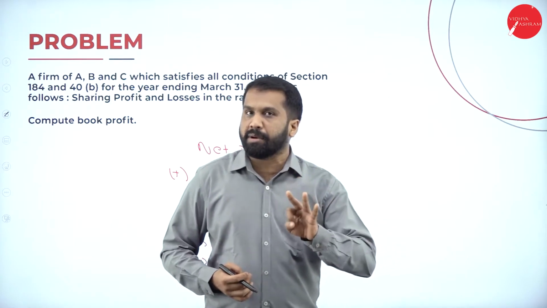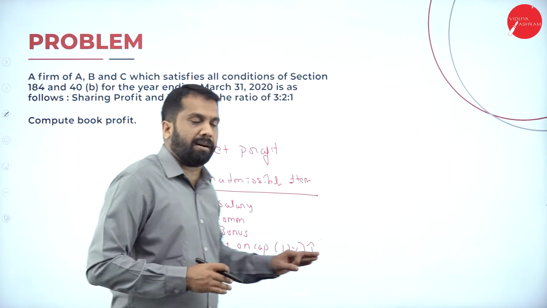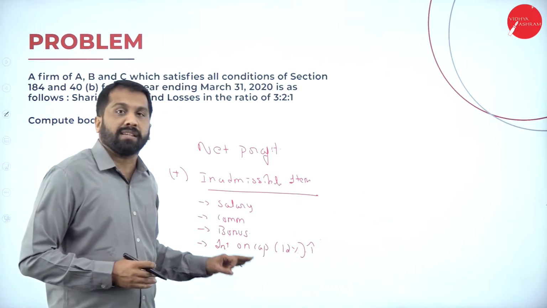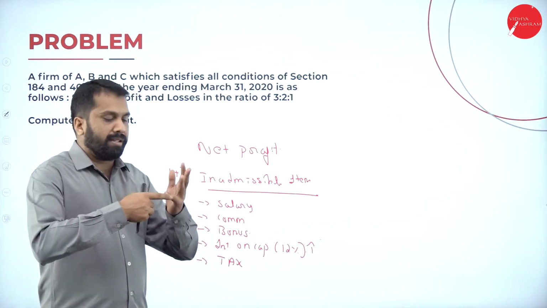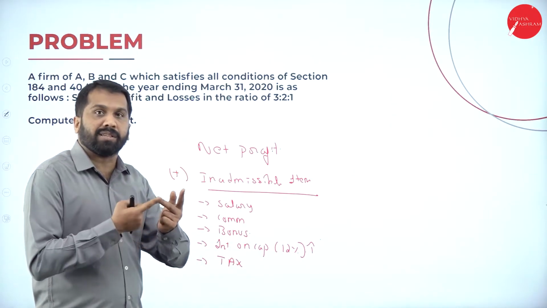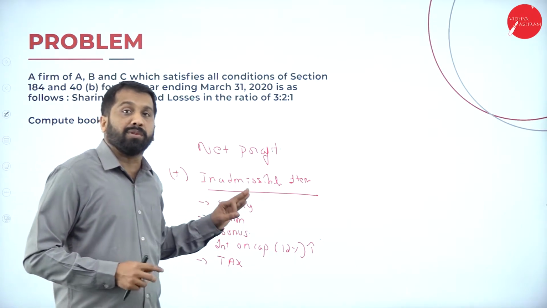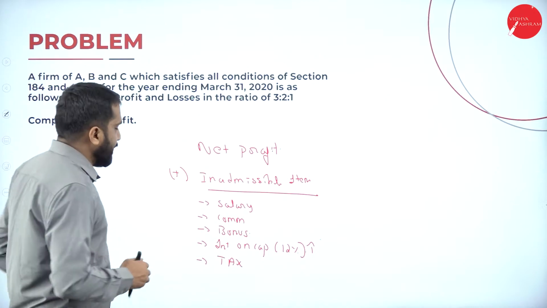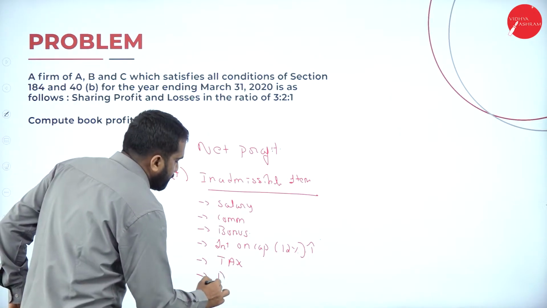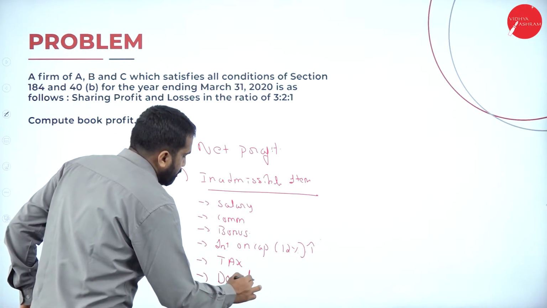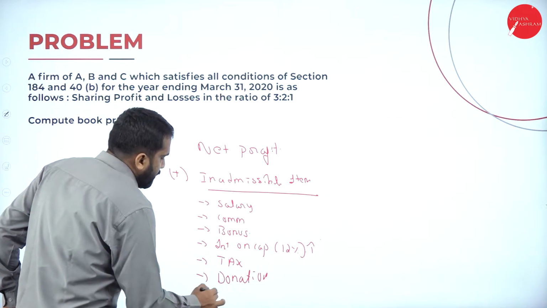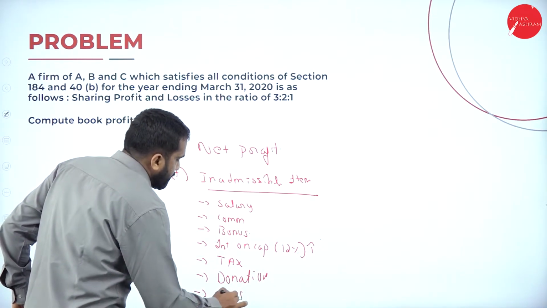Other than these 3, remember, any taxes will come in the inadmissible items, except GST, sales tax, VAT. These 3 will not come under inadmissible. Why? Because those are business related. Then donation and personal expenses.